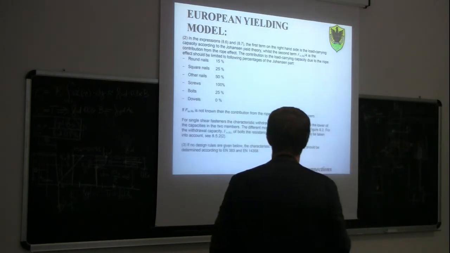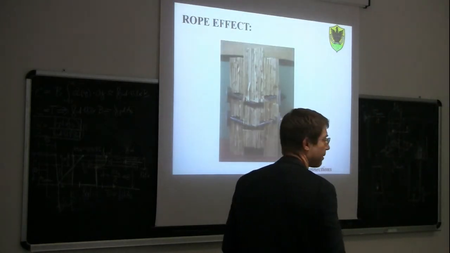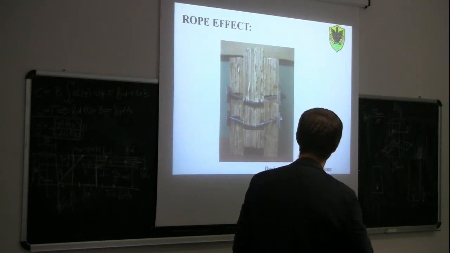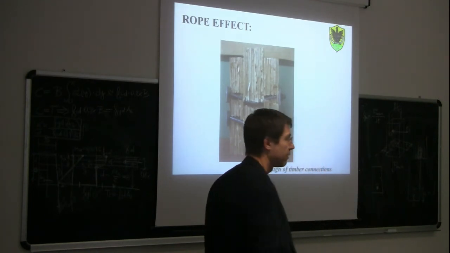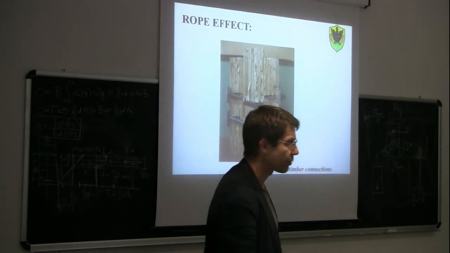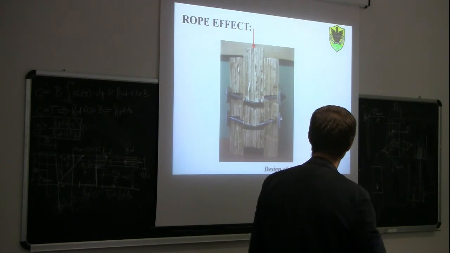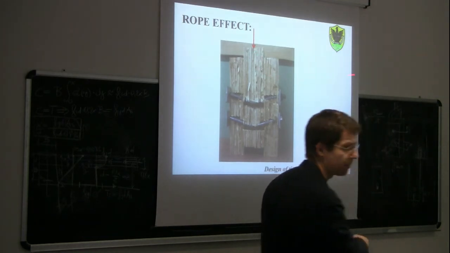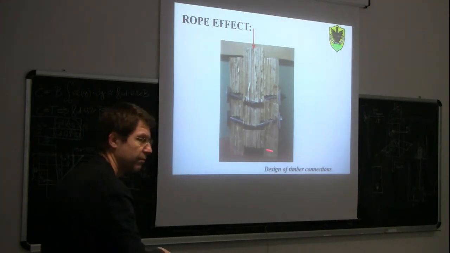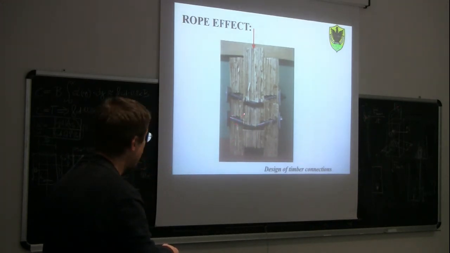This is a cross section of a timber to timber connection using a dowel. The idea is I push down the central member, and then I can get a plasticization. I can get some crushing here at the interface with the steel, and also crushing here, always with the steel, with the other specimen.